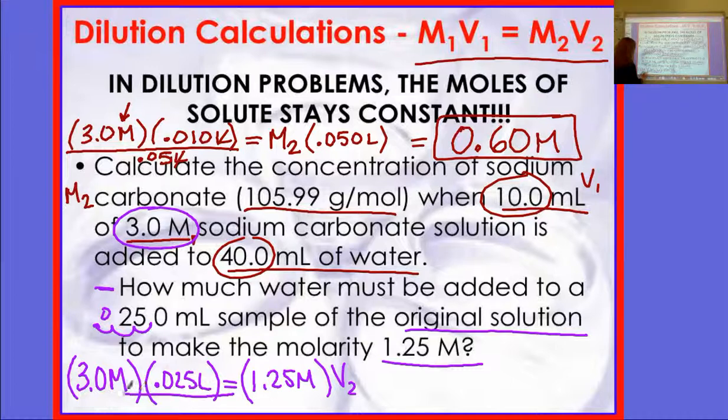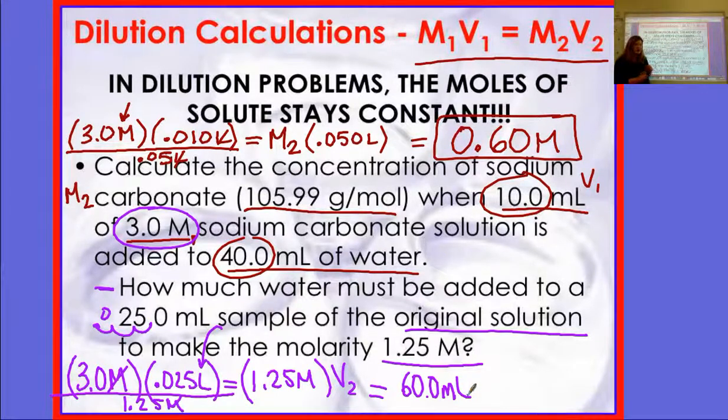So this time, solving for V2, dividing both sides by 1.25 M, molarity cancels. My units are going to be in liters. I punch this in my calculator, and I get V2 equal to 60 milliliters. That's my final volume.